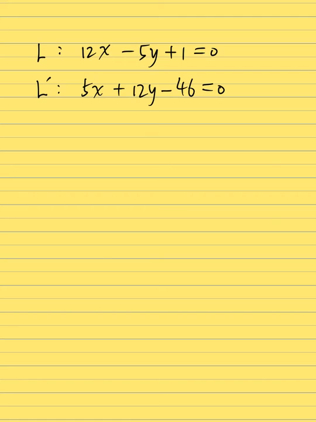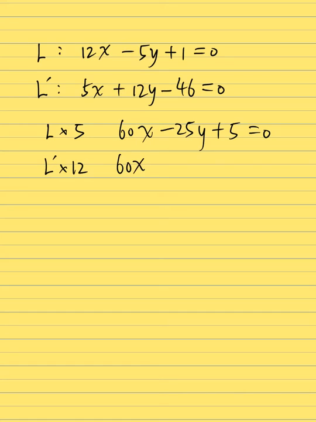On solving, we multiply L by 5 and L prime by 12, which gives you 60x minus 25y plus 5 equals 0, and 60x plus 144y minus 552 equals 0.